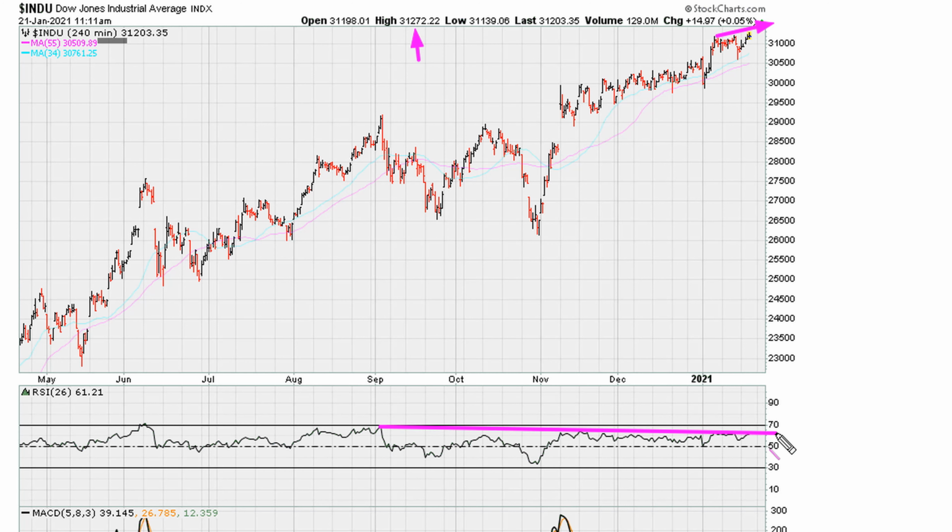So the more this divergence continues to hold, the more this is telling me that one can prepare for a swing trade pullback to the downside.